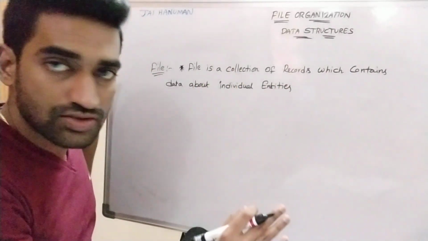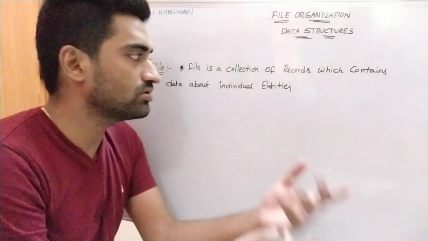So file is a collection of records which contains data about individual entities.